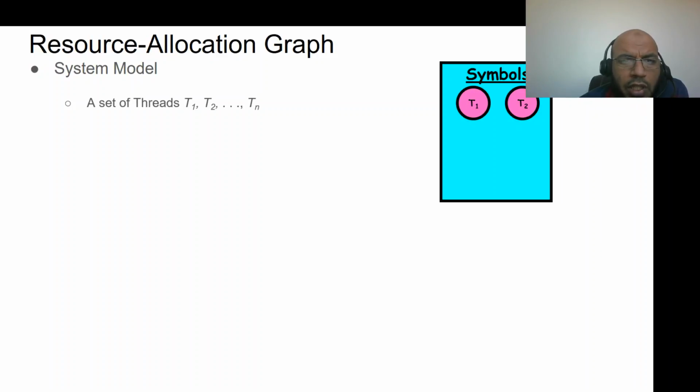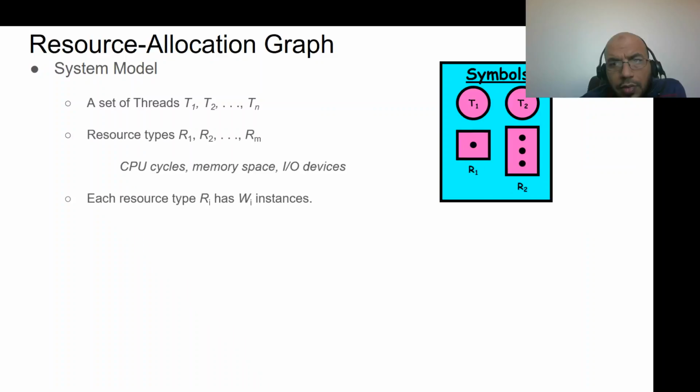Resource allocation graphs, we actually looked at one of them in one of the problems that we covered during the discussion classes. This is one way to build it. You denote threads by T1 and T2 and so on in circles.